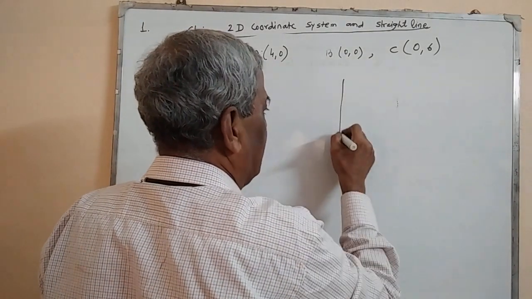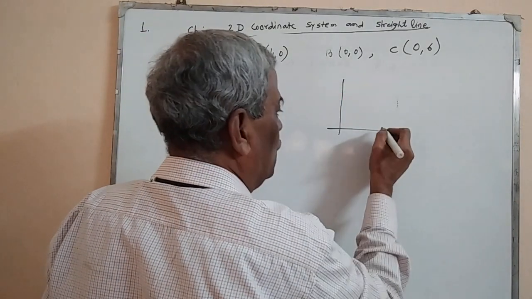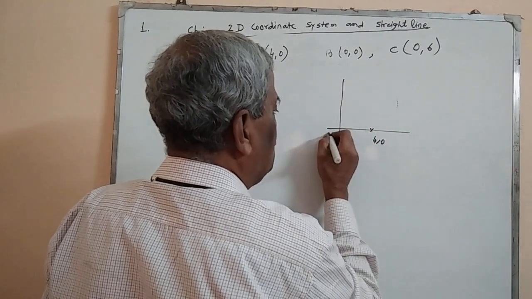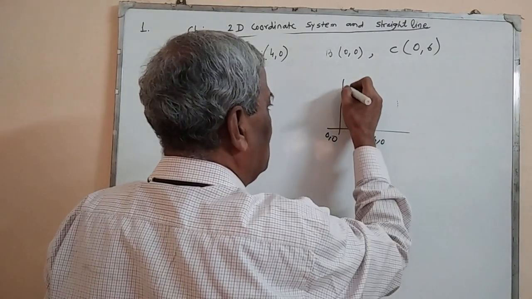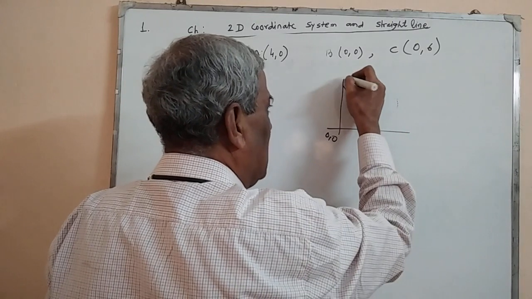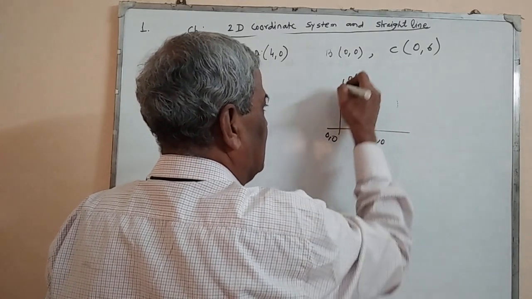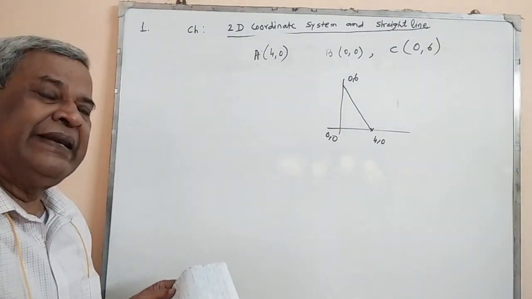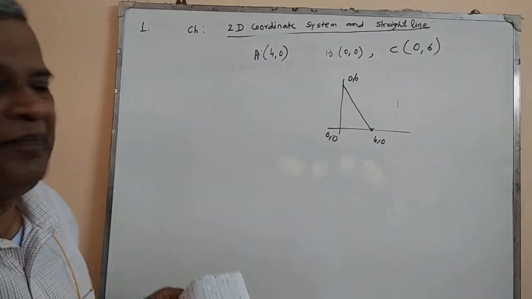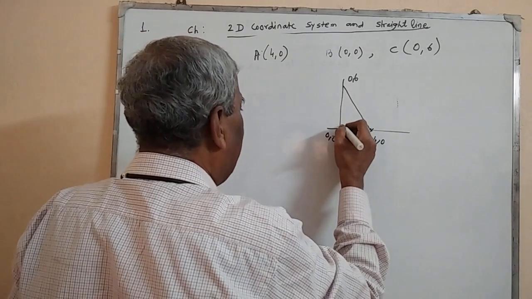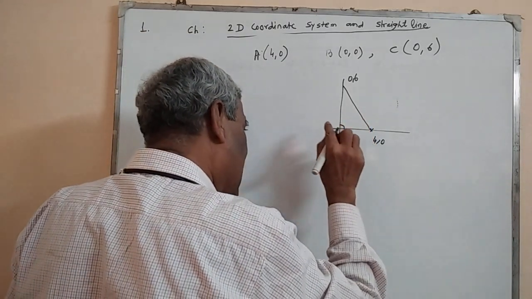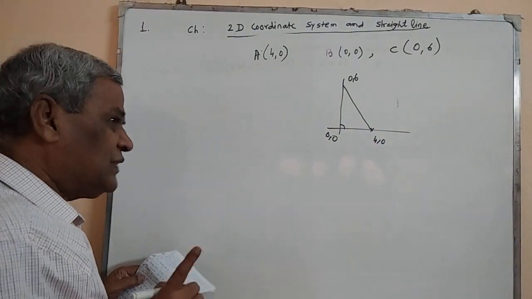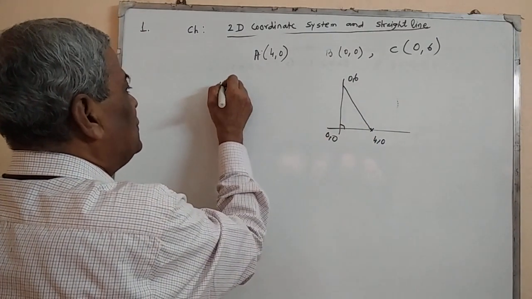Plot the points. This point is (4, 0), somewhere there. This is (0, 0), and this is (0, 6), also somewhere there. So the triangle is this. Clearly, by drawing, it is a right angle triangle, and the right angle is at the point (0, 0). So its orthocenter is at (0, 0).